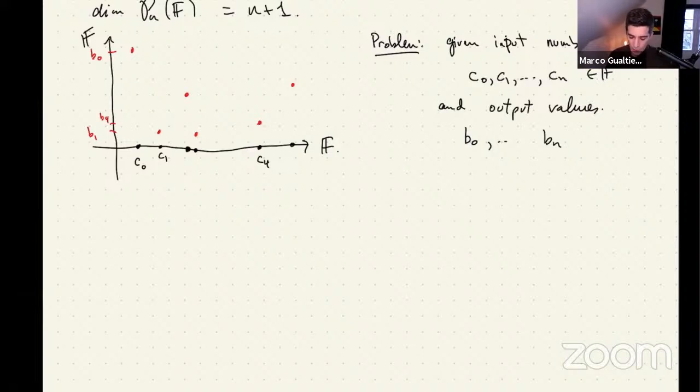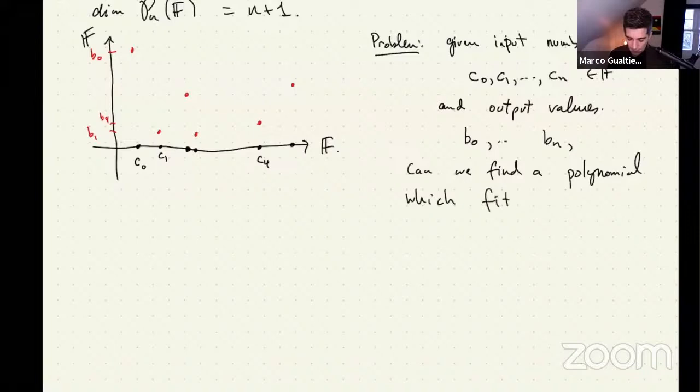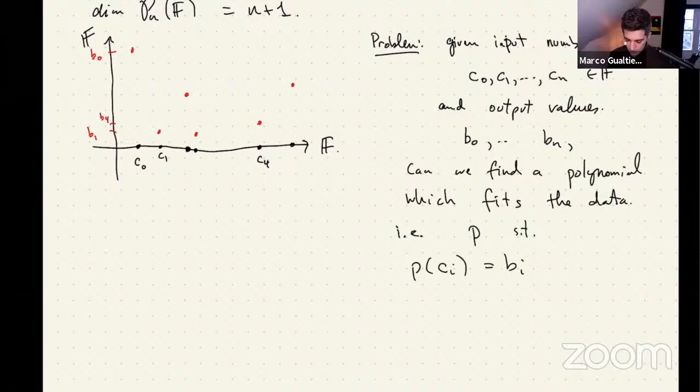And then the question is, can we find a polynomial which fits the data, i.e. P such that P of Ci is equal to Bi. That is the problem.